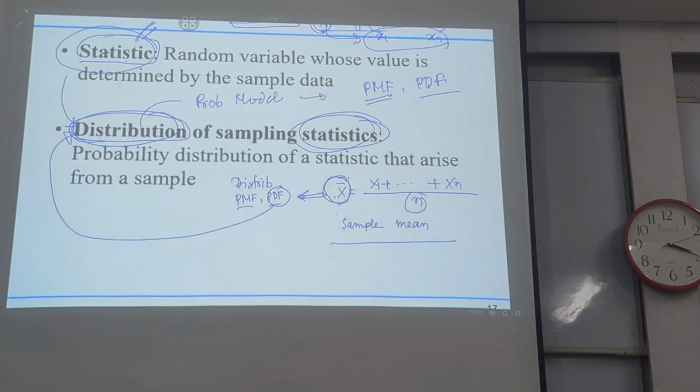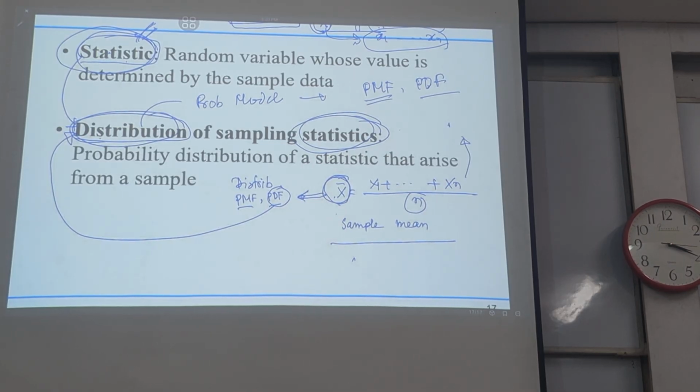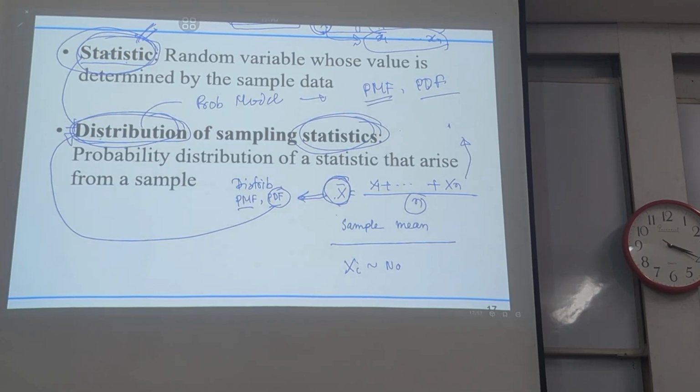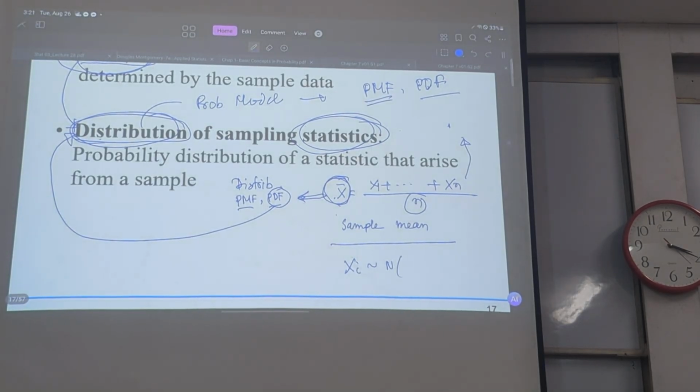Say if xi is normal, with mean mu and variance sigma square. So what will be the distribution of x bar?